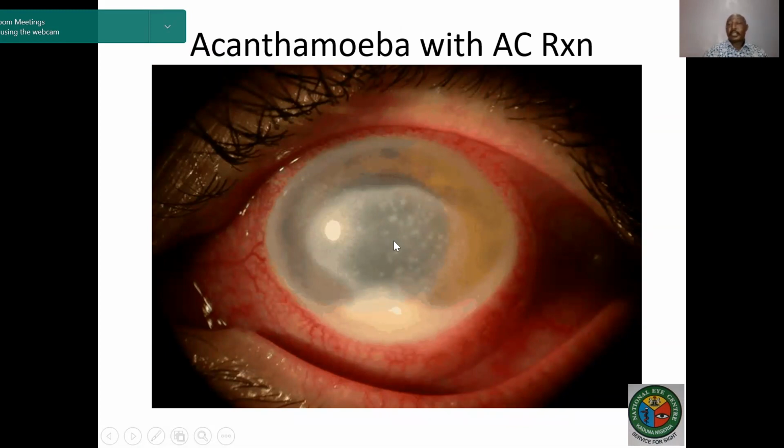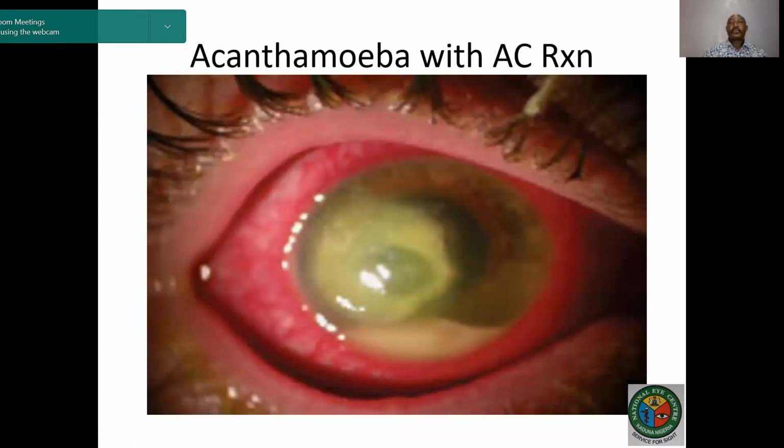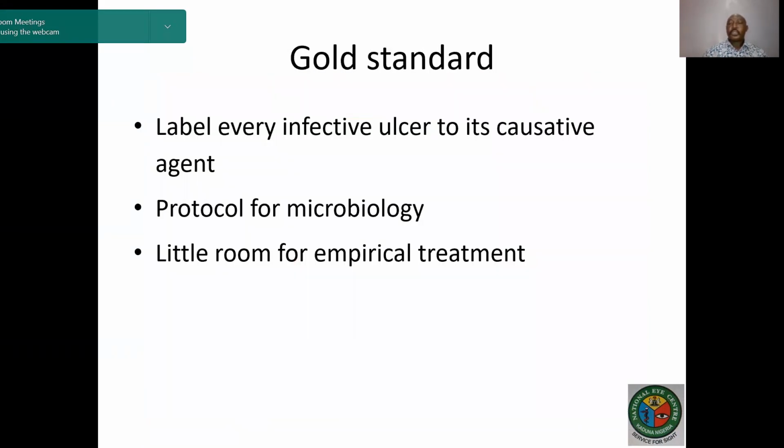Turns out to be Acanthamoeba with deep anterior chamber reactions. This is another Acanthamoeba with anterior chamber reaction. So invariably, because of the varied presentations of corneal ulcers, clinical diagnosis is not adequate.